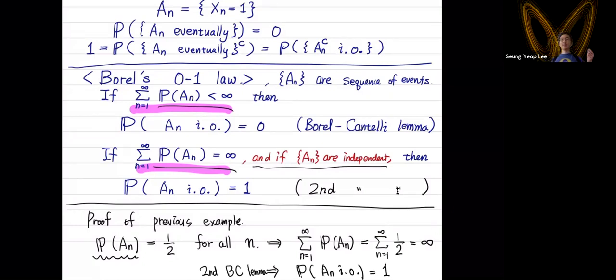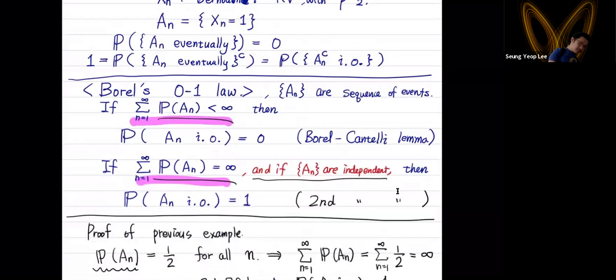So we keep getting head infinitely often. Infinitely often means you don't stop getting head at some point. You keep getting head off and on, and you don't just keep getting tail after some point.